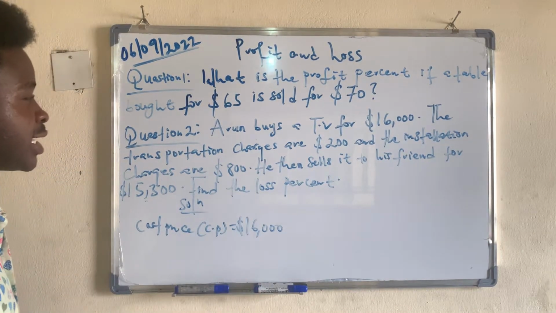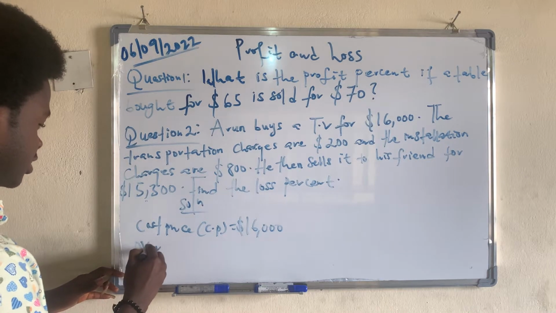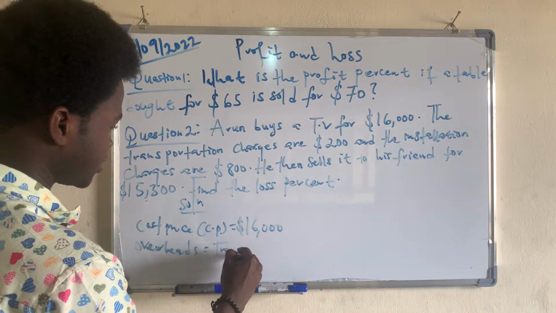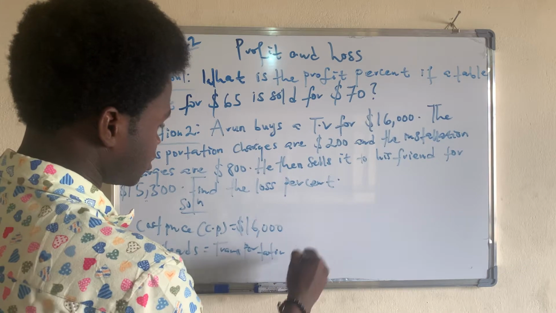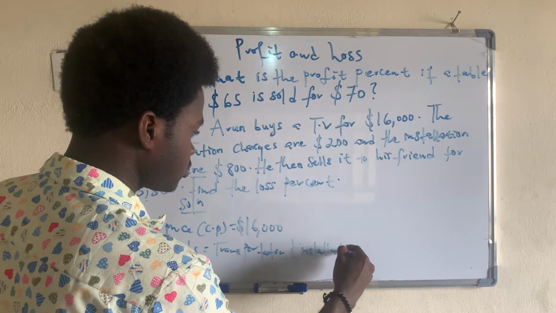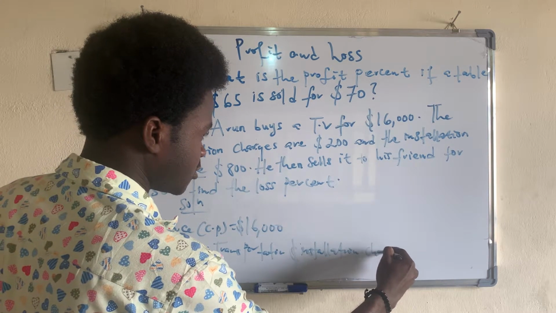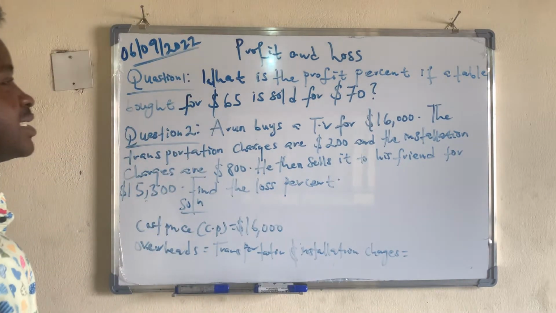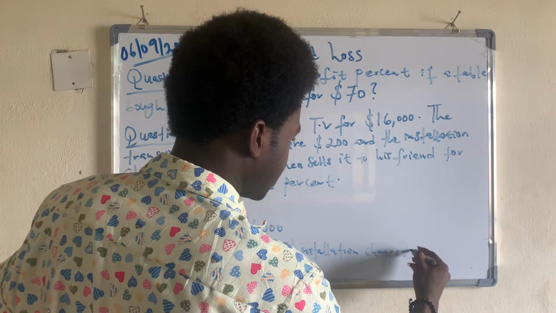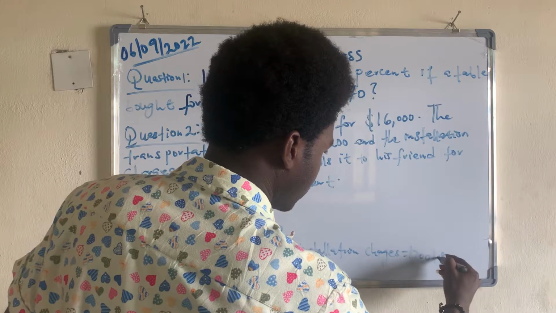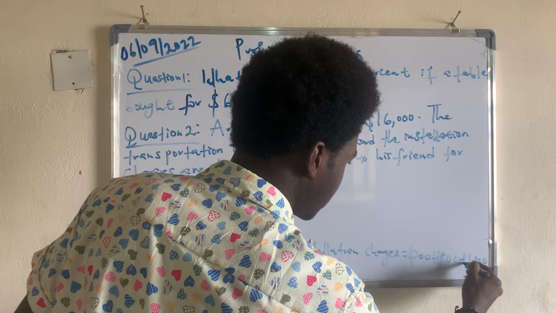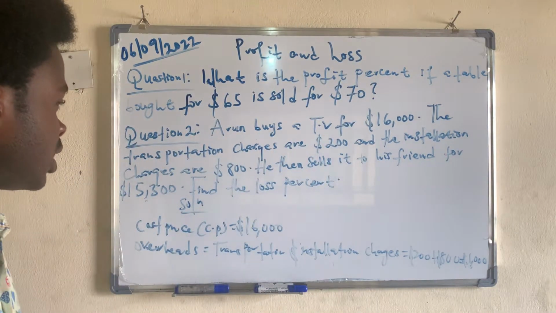So our overheads include the transportation charges and the installation charges, and that is $200 plus $800. That gives us $1,000.